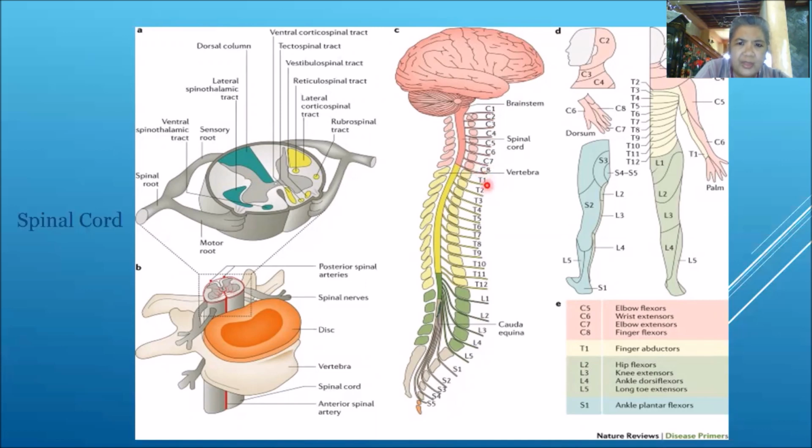Then you have your first thoracic to the 12th thoracic, and then you have 5 lumbar spinal nerves, and then you have also 5 sacral nerves, and the coccygeal spinal nerve would vary. Usually one would only remain.